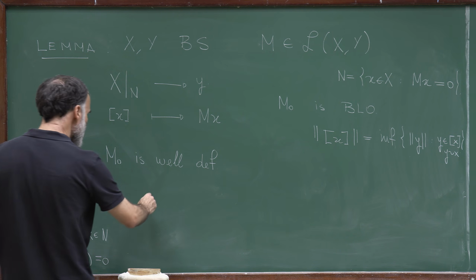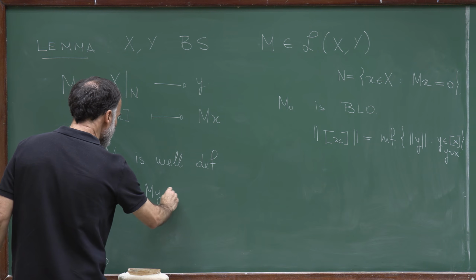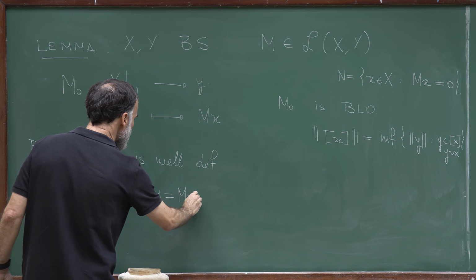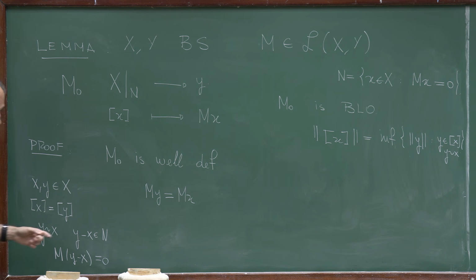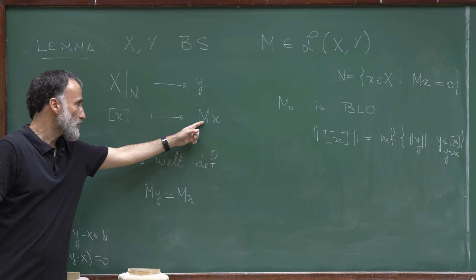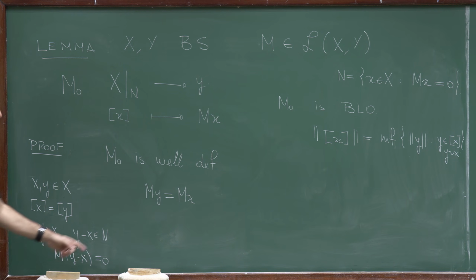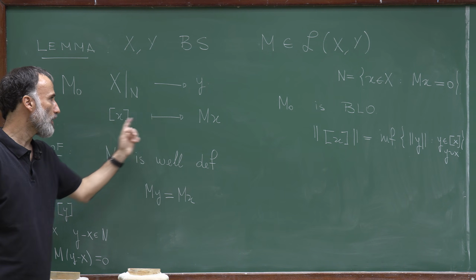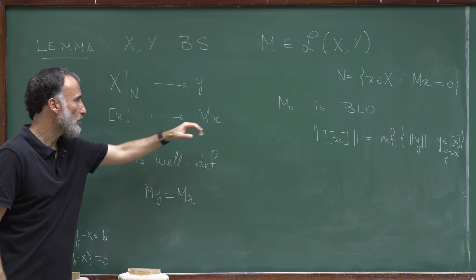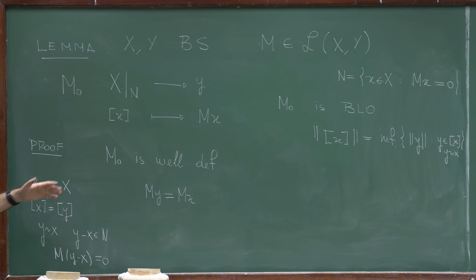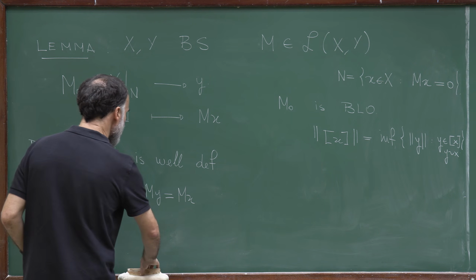So indeed My is equal to Mx, and therefore in this definition it doesn't matter which element I take in the equivalence class. If I take two elements in the same equivalence class, the images by M of these elements are the same, and therefore this operator M0 is well defined by this relation.